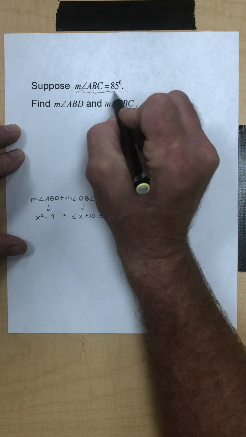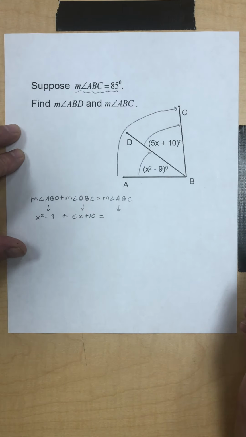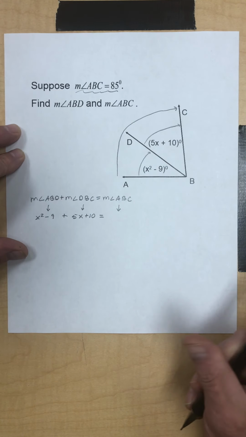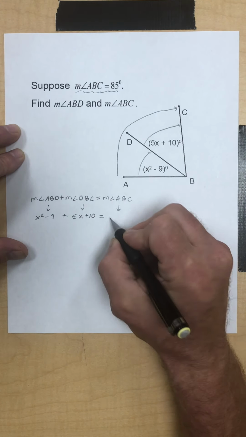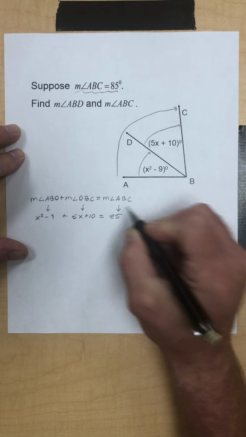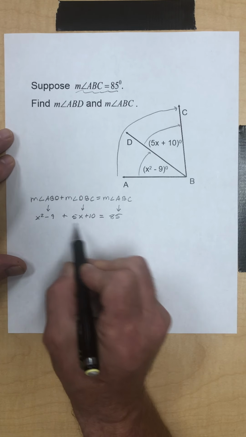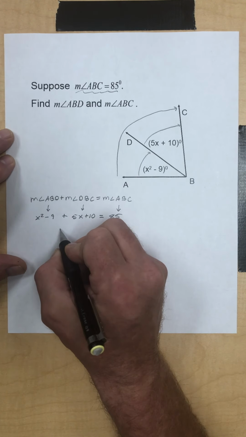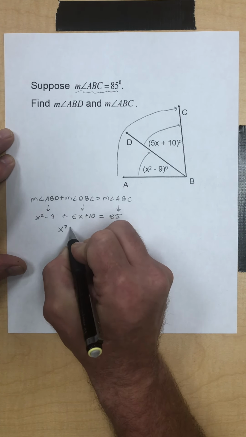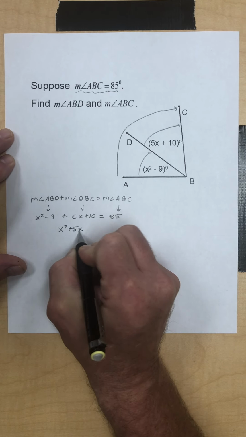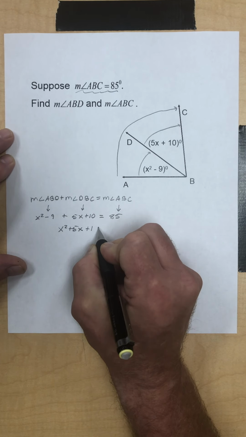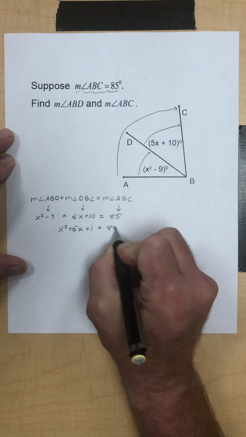Well, it tells us right in the given information here that the measure of angle ABC is 85. Okay, so let's see, we would simplify the left-hand side by collecting similar terms, so I can add the negative 9 and the 10. So I'm going to get x squared plus 5x plus 1 equals 85.